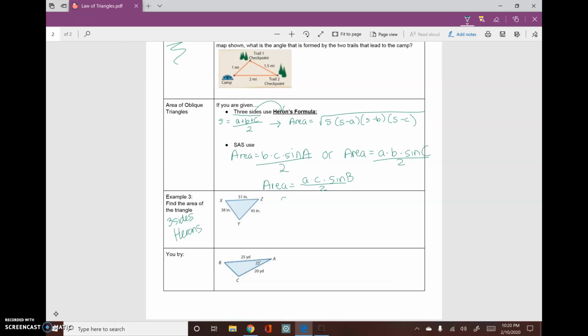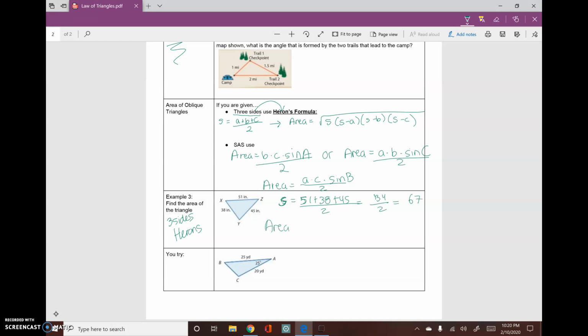We start by finding S. So then we add all the sides, 51 plus 38 plus 45. This is an S. I apologize that it looks like a 5. I don't know how to make them different. All over 2, 134 all over 2. So my S is 67.